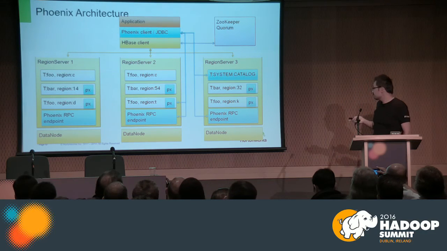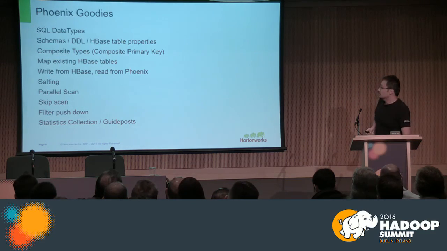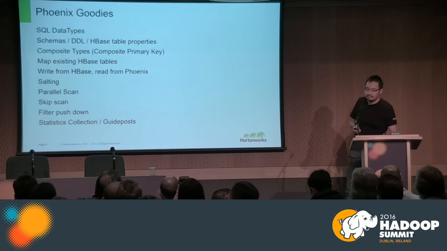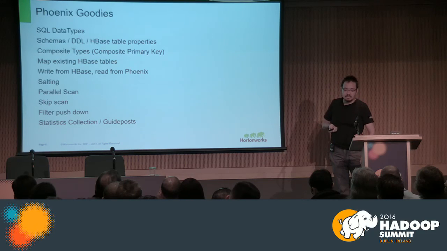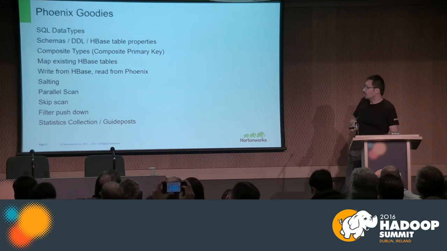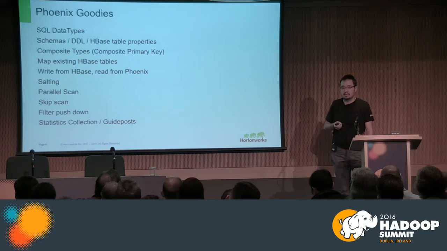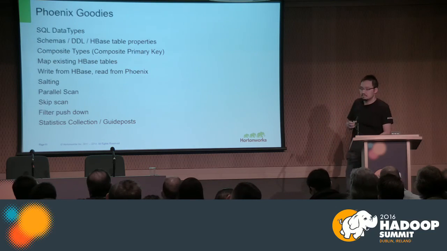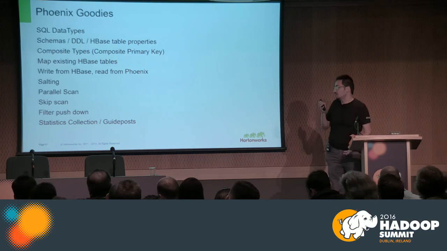All right, so Phoenix obviously comes with a lot more goodies. Some examples are SQL data types, all the DDL statements, and schema management that comes with the SQL layer. So you don't have to deal with the HTable descriptor and HColumn descriptors and everything.